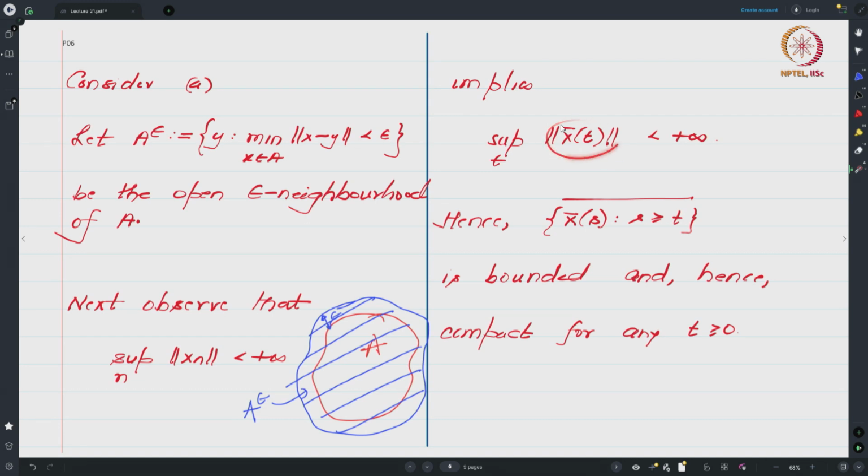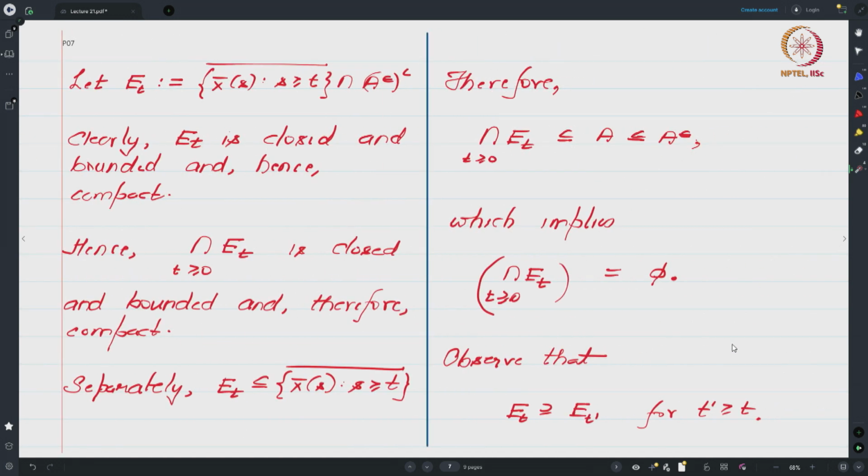So the supremum of norm x bar of t is also less than infinity. If you look at the collection of x bar of s for s greater than or equal to t, for any fixed t bigger than or equal to 0, and take its closure, this set will be bounded, and since it is bounded and closed, one can immediately conclude that this set is compact. Since t is arbitrary, this conclusion holds for any t bigger than or equal to 0.